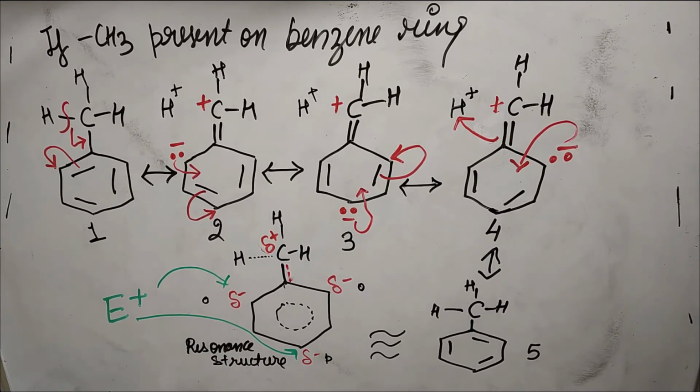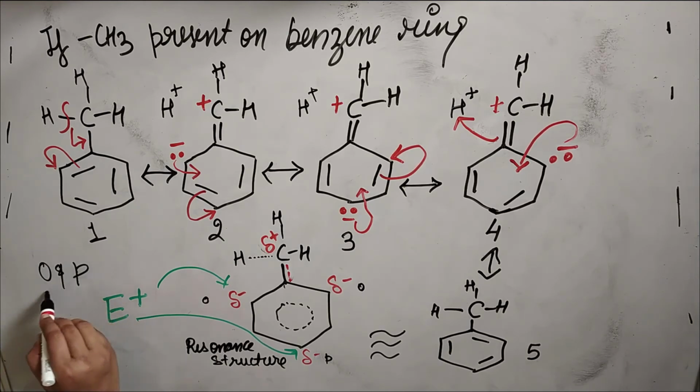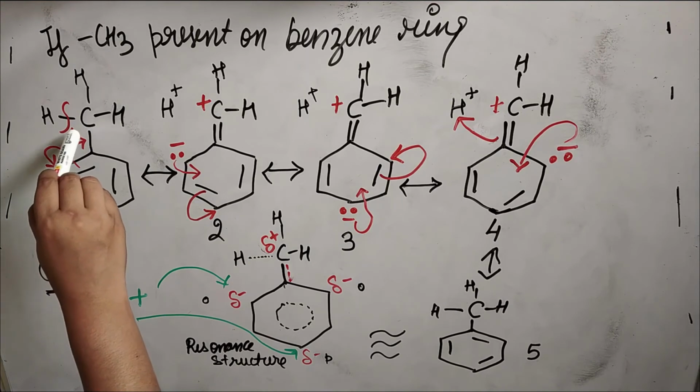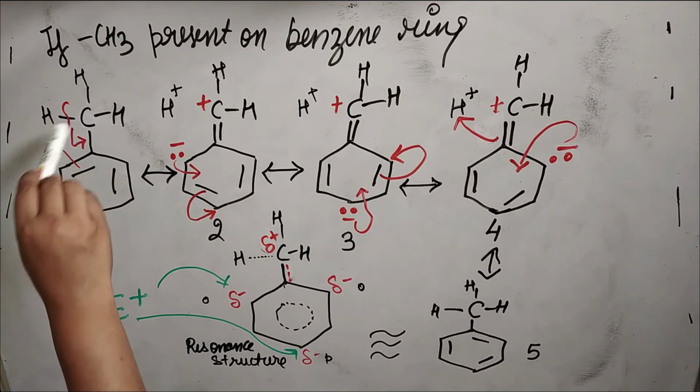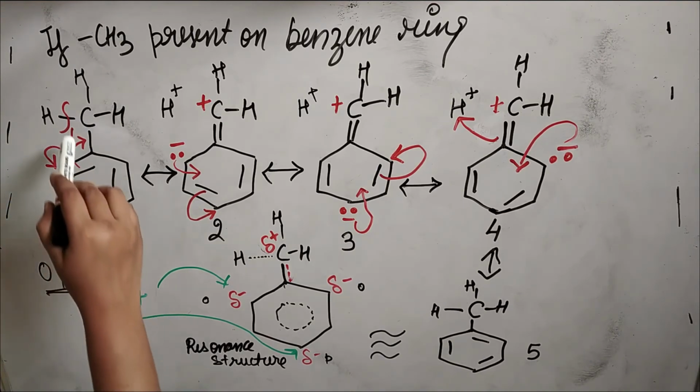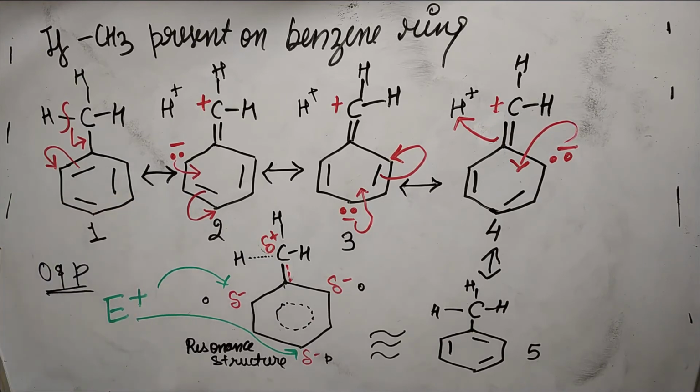So again we can say the alkyl group or methyl group are ortho and para directing groups, and they are also activating groups, because although they don't have a lone pair of electrons, they are giving the electrons which are present in the carbon-hydrogen bond to the aromatic ring. So because of that they are activating.